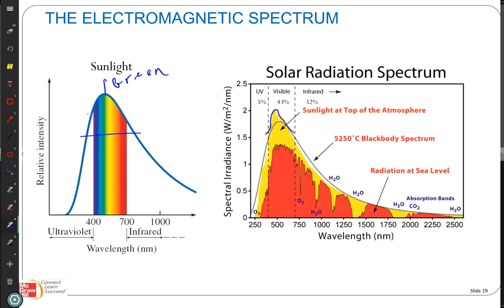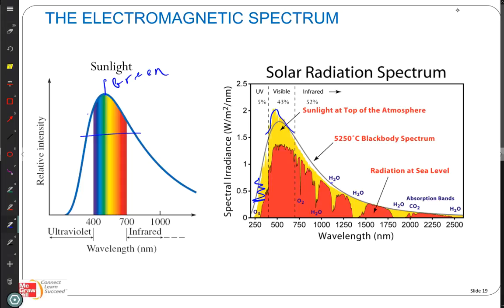And what we actually get is the red. And you see there's big parts missing. A lot of the ultraviolet is missing because the atmosphere absorbs it. It protects us from ultraviolet radiation. Specifically, the ozone absorbs ultraviolet radiation for us. If you have a hole in the ozone layer, you get more ultraviolet through. You get worse sunburns. It's more dangerous.